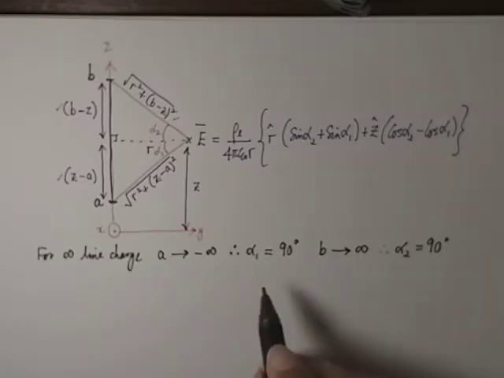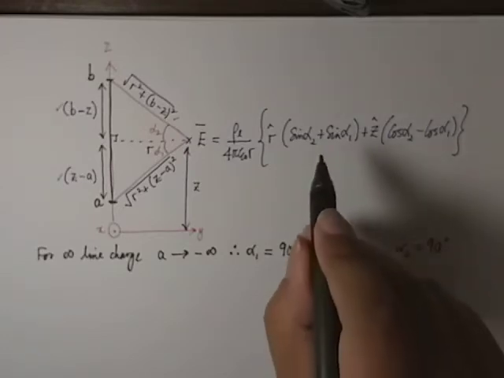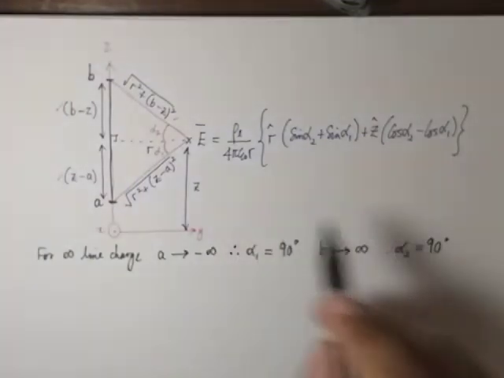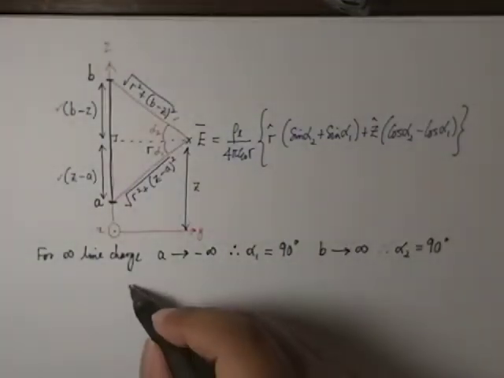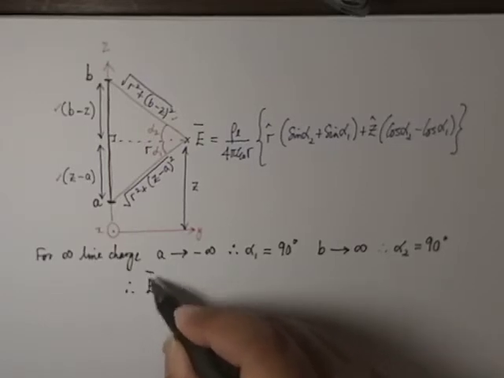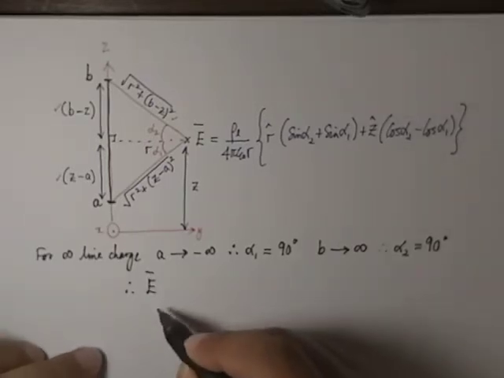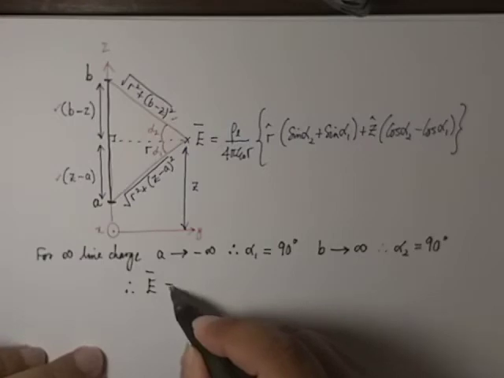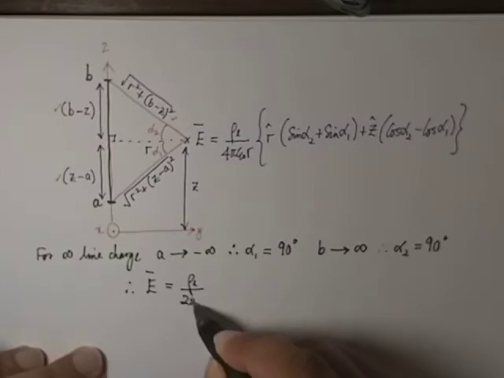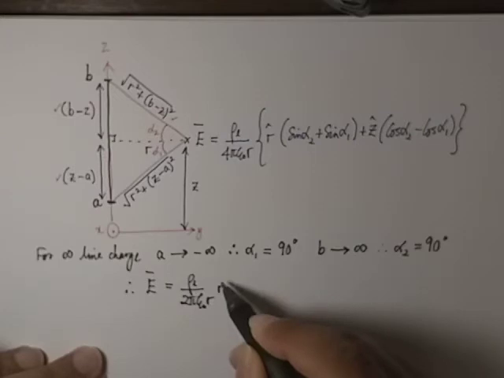So when we substitute this value into our solution based on finite, we're going to see that it's a very peculiar solution, which states that E should be equal to rho L over 2 pi epsilon naught r, in the r direction.